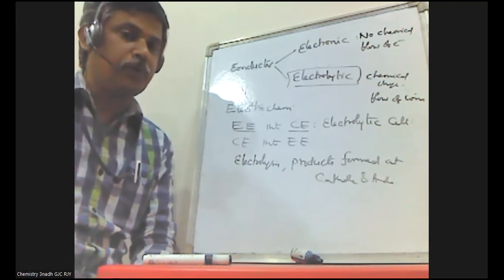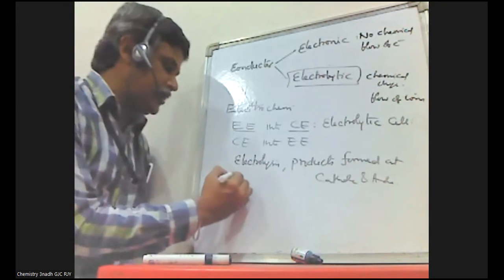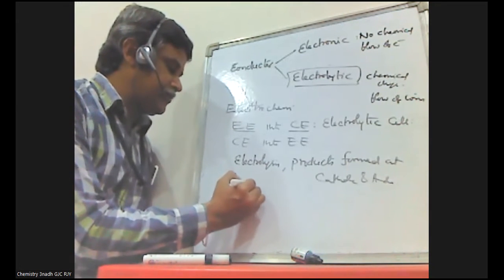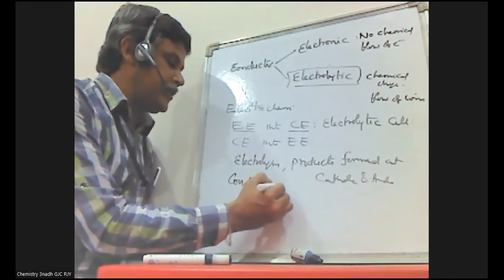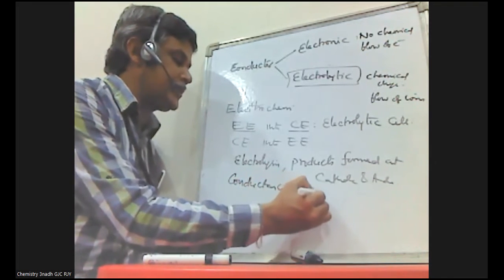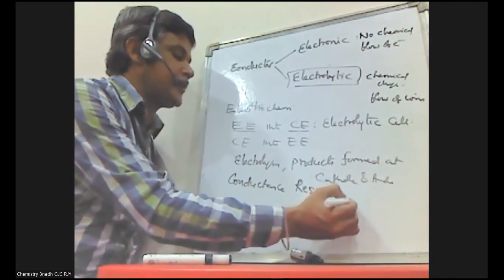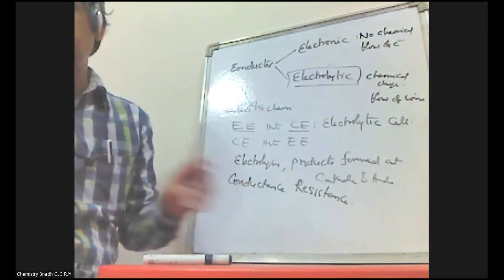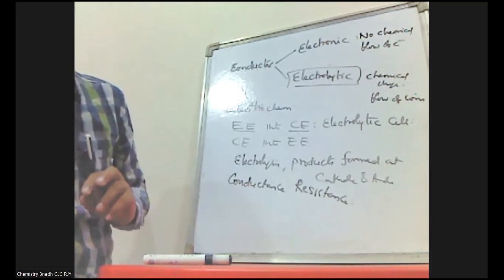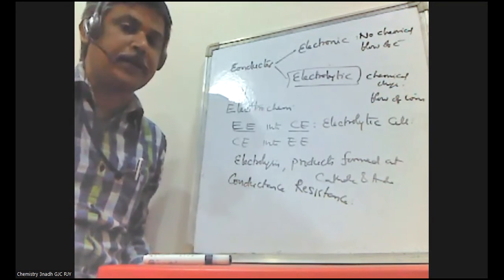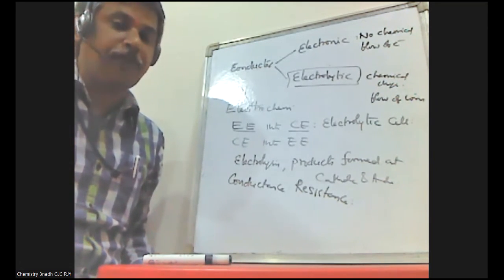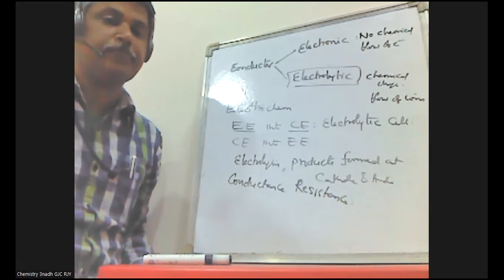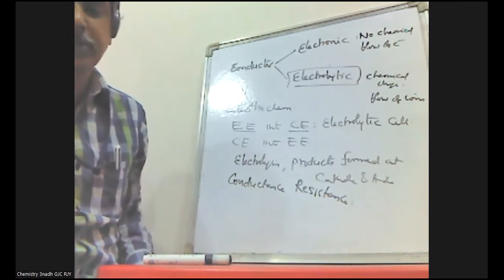Then in the third video, I discussed resistance, conductance, specific resistance, and specific conductance. And we discussed how to determine experimentally the resistance of a metallic conductor, which is determined by using the Wheatstone bridge method.